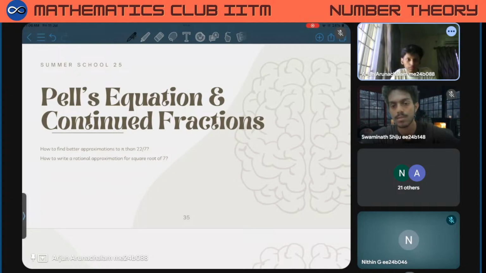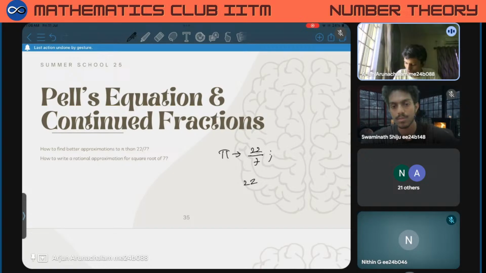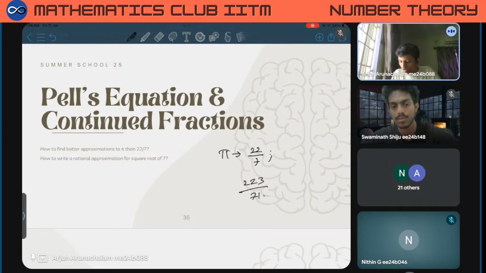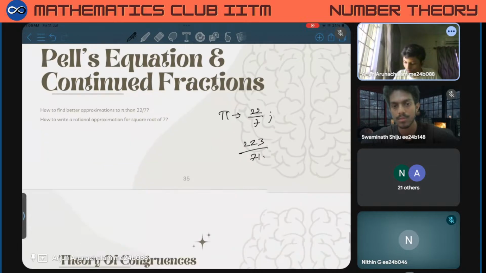Some better approximations are like 223 by 71, which is in fact a better approximation for pi.